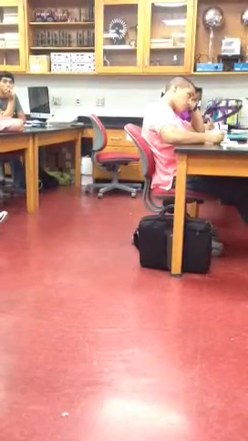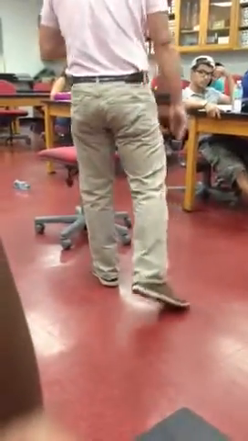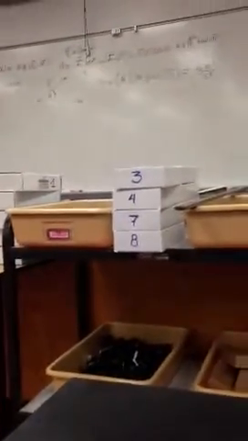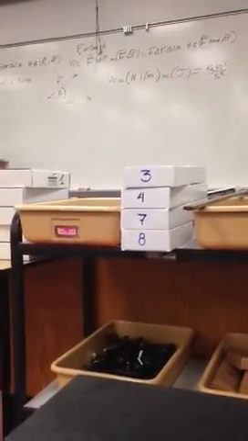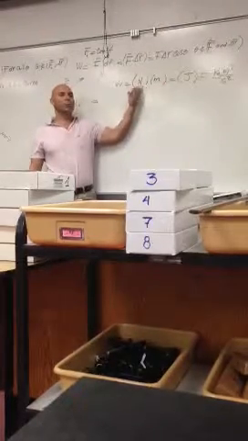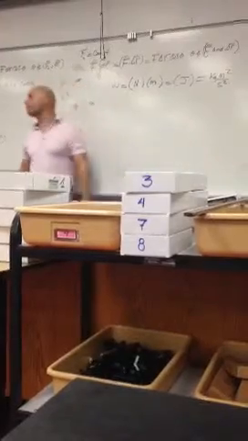So if I am able to move this object with 1 Newton force for 1 meter, I will spend 1 Joule of energy. This is the definition of Joule: the amount of energy needed to move one object for 1 meter with a force of 1 Newton. So if you do that, you will spend 1 Joule.